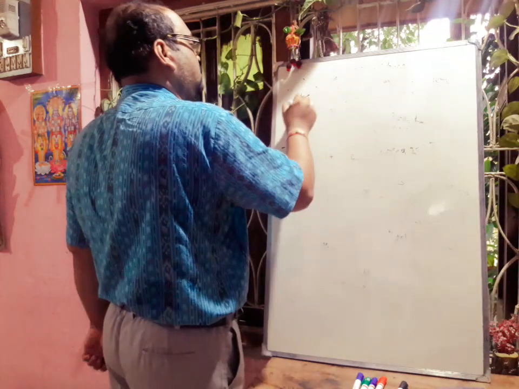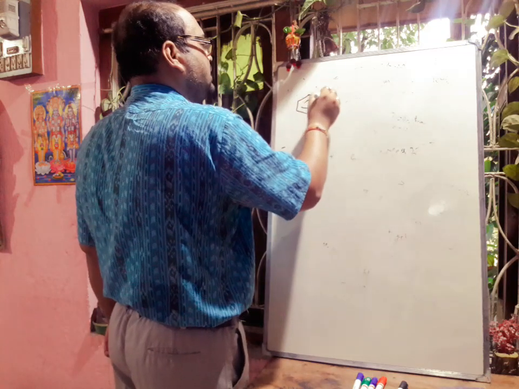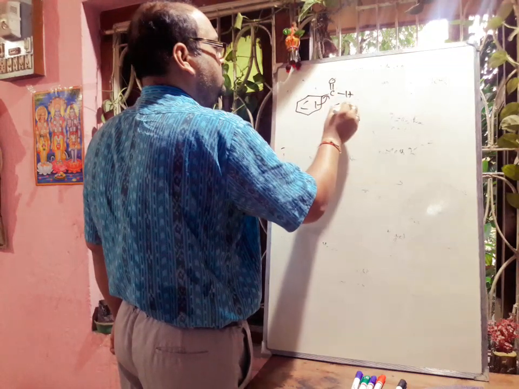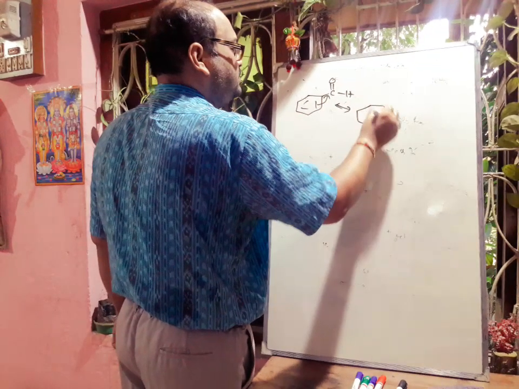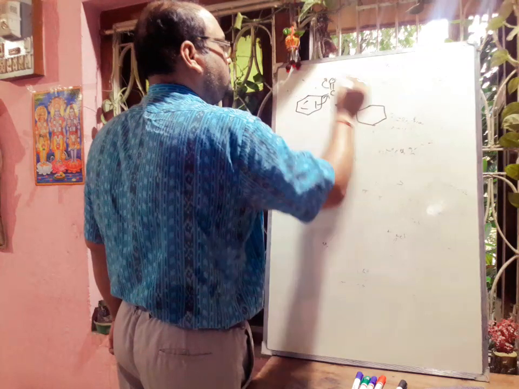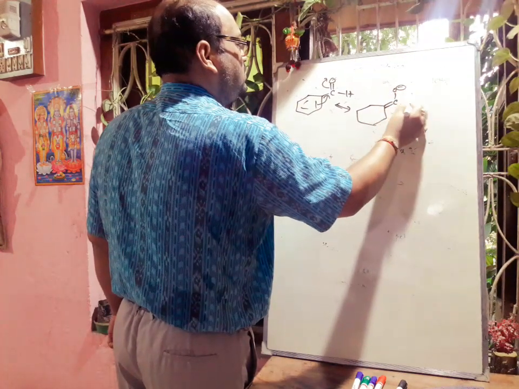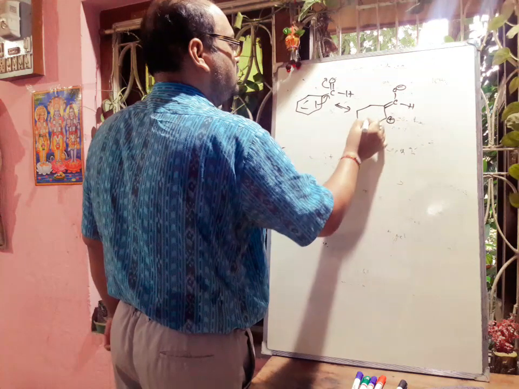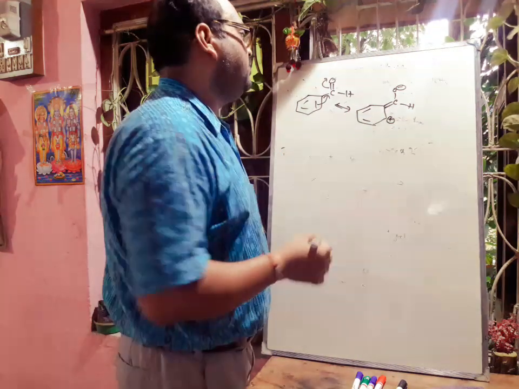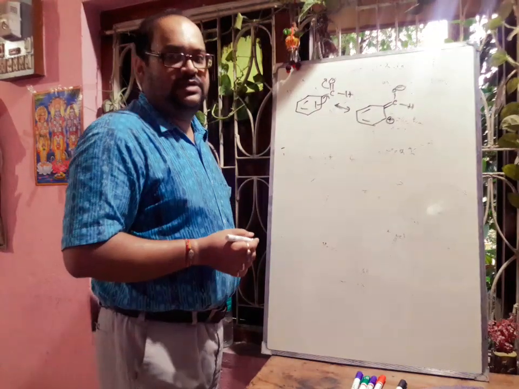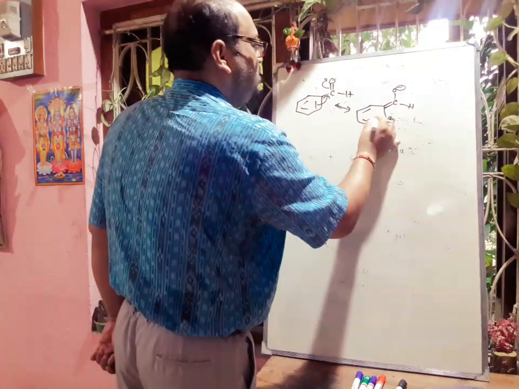So this one is the aromatic aldehyde, benzaldehyde. If we draw the structure, then you can easily understand. The carbonyl group breaks because of this resonance structure. Next, this will delocalize.